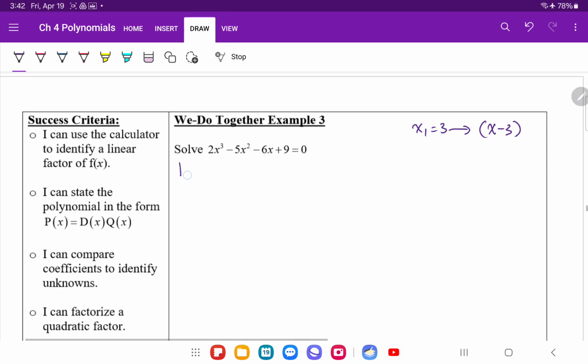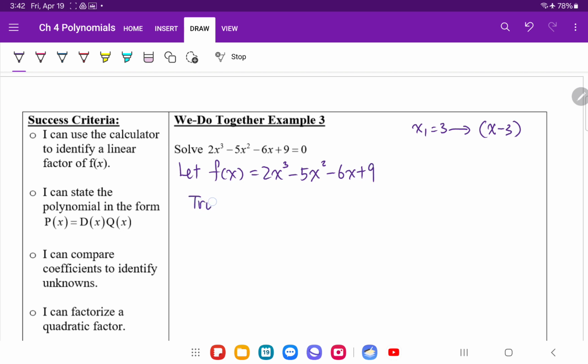So, first step, because they never define f(x) for you, you must say let f(x) equals 2x to the power 3 and so on. Try, you must say try first. Try x minus 3. So, f(3) becomes this. And if you press the calculator, it is indeed 0.